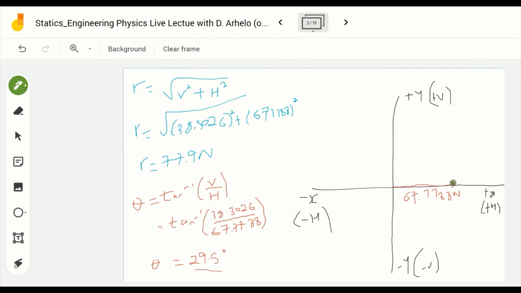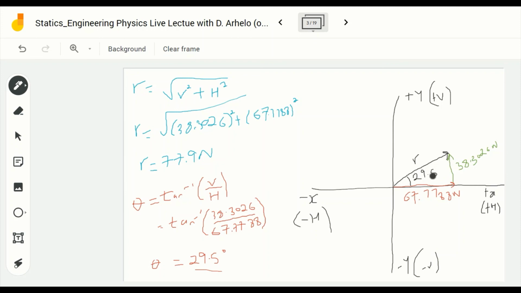Here is my vertical component, which is 38.3026 Newton. Now the last thing we do here is to close the lines, drawing our vector from the origin to the nose of the last vector. So this is my resultant, which is 77.9, and right here is my angle, which is 29.5.